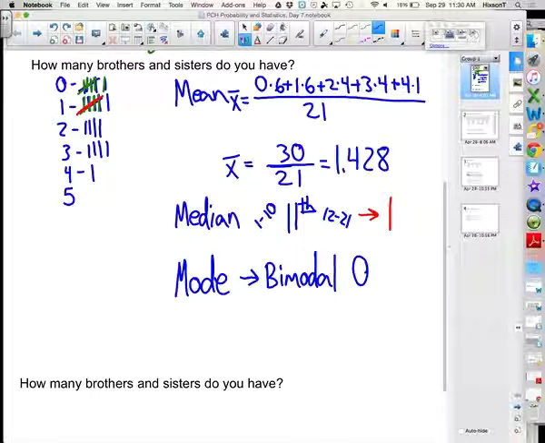Bimodal, it's 0 and 1. Okay? So, interesting. All right. Any questions about how we got any of that?